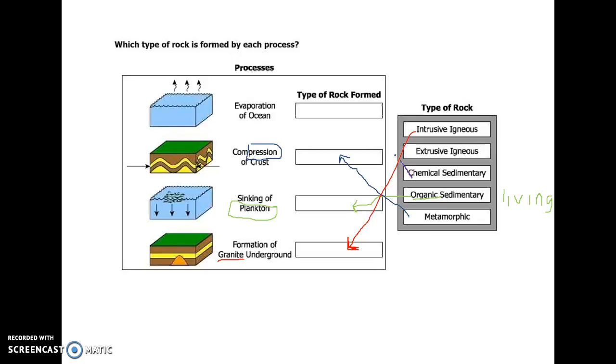So the only one left for us is this chemical sedimentary. Extrusive igneous is just an extra one that we're not going to use. And that's okay, because there are going to be some of these questions where you'll have extra boxes or extra things that you can't put into a box.